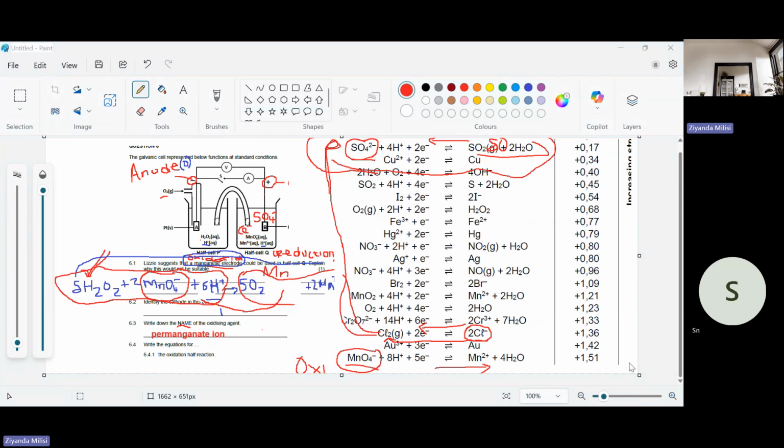Yes. Okay. So when you write it down again, that's how you write it. You will say like this: Cl minus can be oxidized by MnO4 minus to form Cl2, but SO4 2 minus cannot be oxidized.